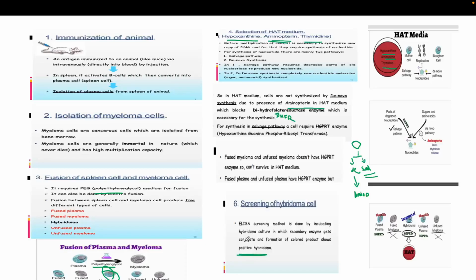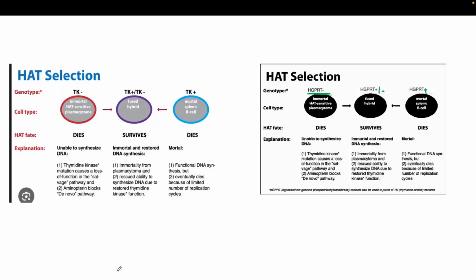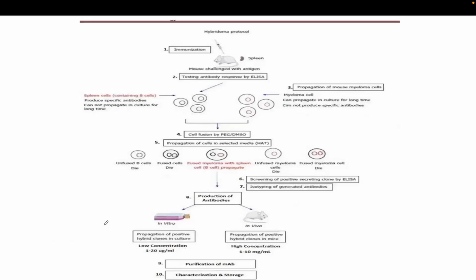Okay, so suppose these two cells are fused, but it is not producing your desired antibody, so that selection also we have to do. Okay, so for that we have to perform ELISA, and if it is giving signal, that means it is producing our desired antibody. Okay, so this is the complete procedure of the hybridoma technology.